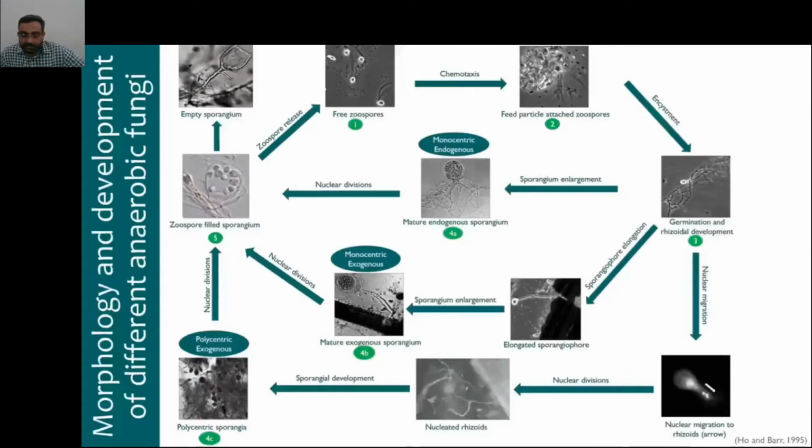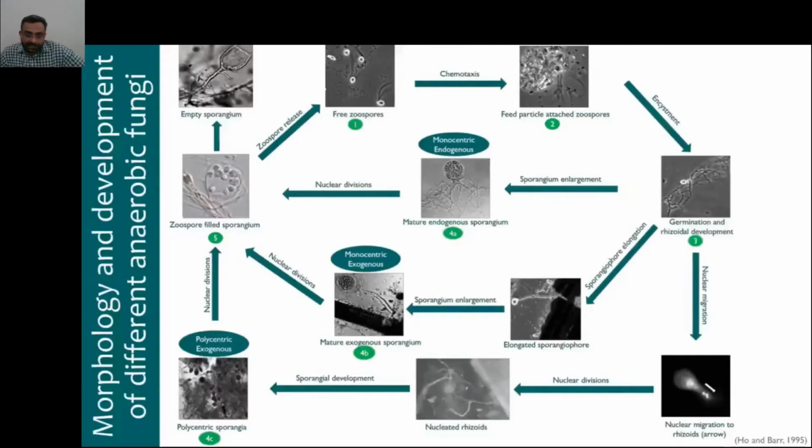While in case of exogenous development, there is a bipolar germination. On one side, there are rhizoids, and on another side, another outgrowth known as a sporangiophore develops from the zoospore cyst, and the sporangium develops at the end of that particular structure.